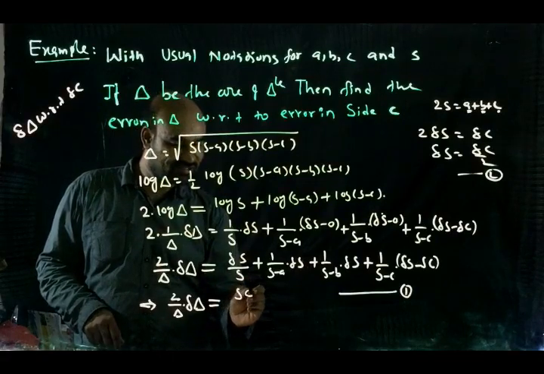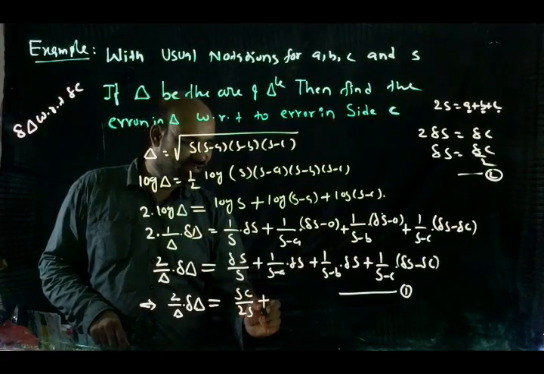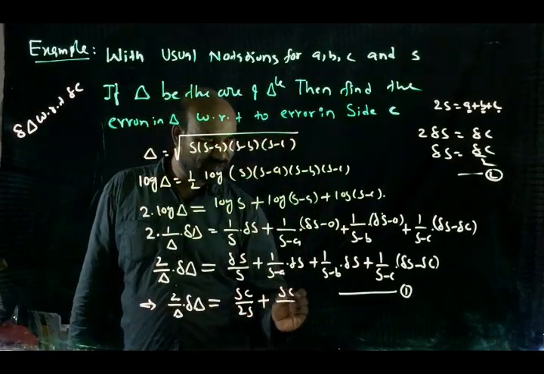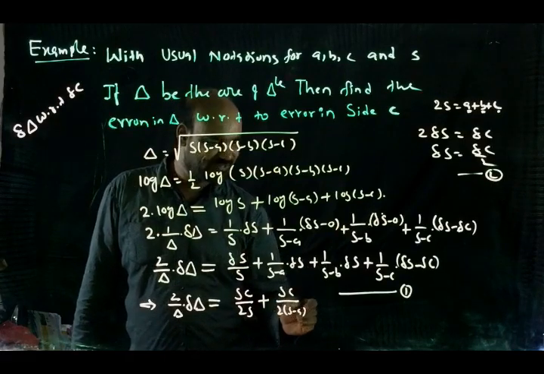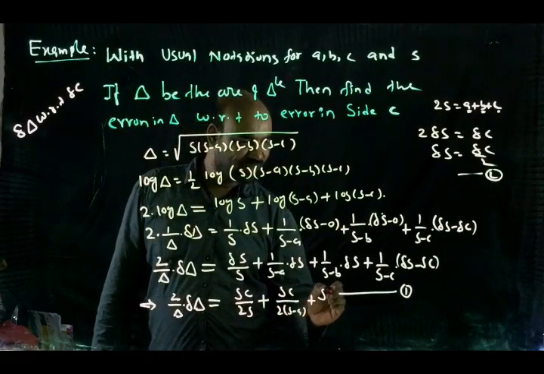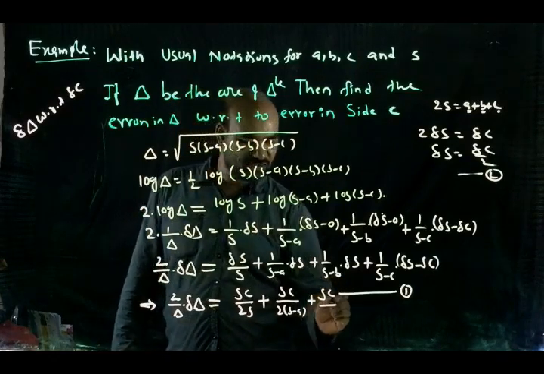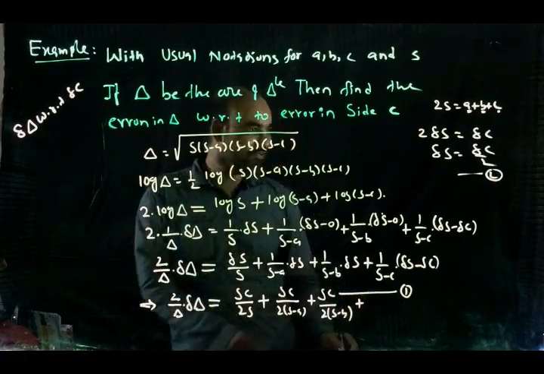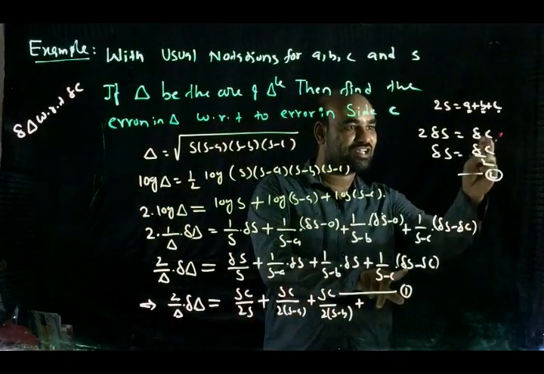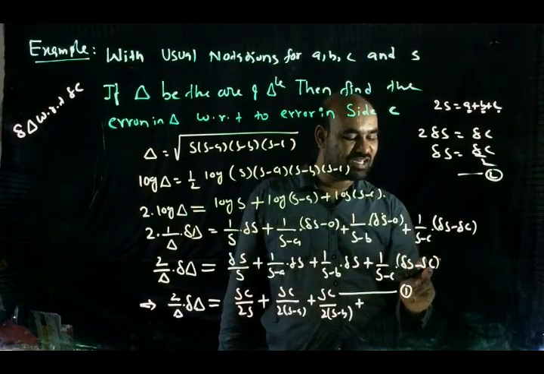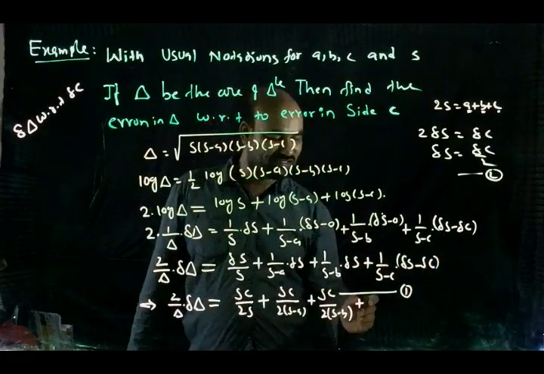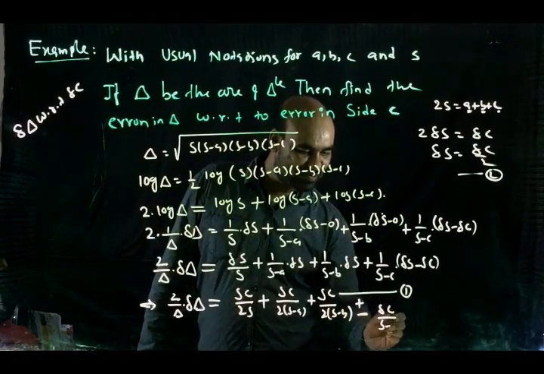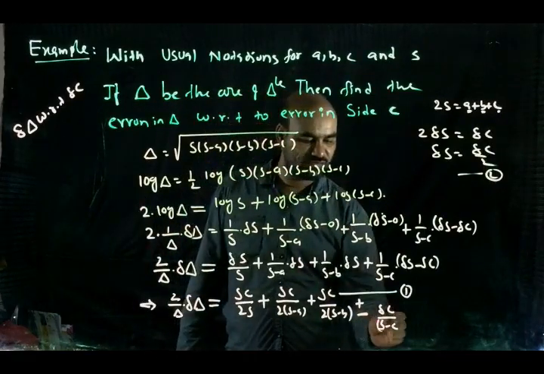Delta C by 2S plus, instead of this I can write delta C by 2, delta C by 2 times of S minus A plus delta C by 2 times of S minus B plus here instead of delta S I can write delta C by 2. Delta C by 2 minus delta C is minus half delta C, that is minus delta C by S minus C into 2.